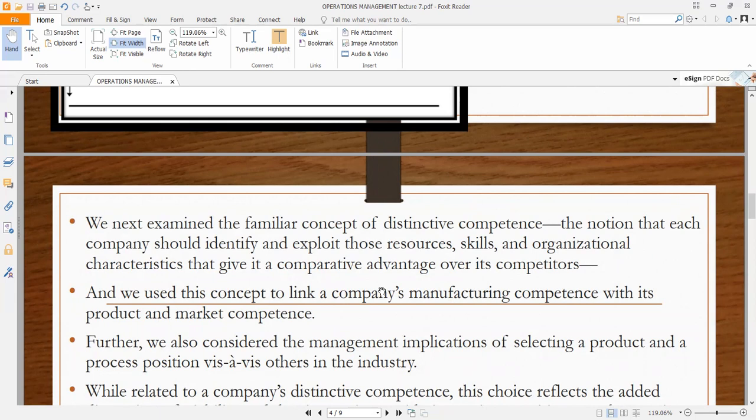Because of this, we're talking about the notion of competence. Distinctive competence means that people have to be qualified to perform a job.